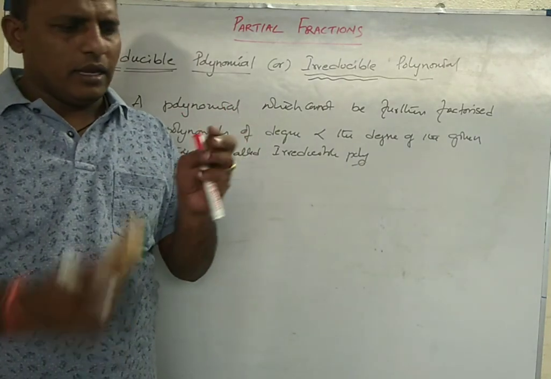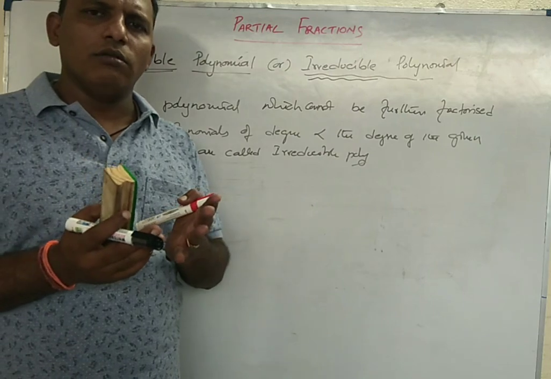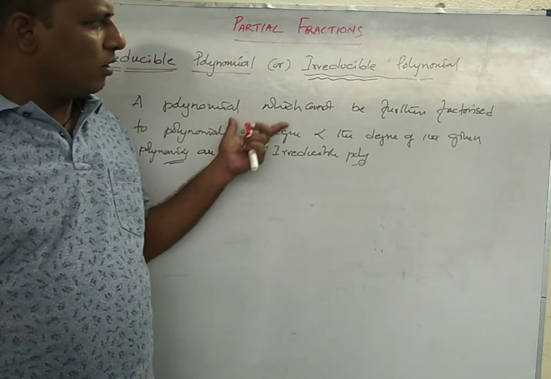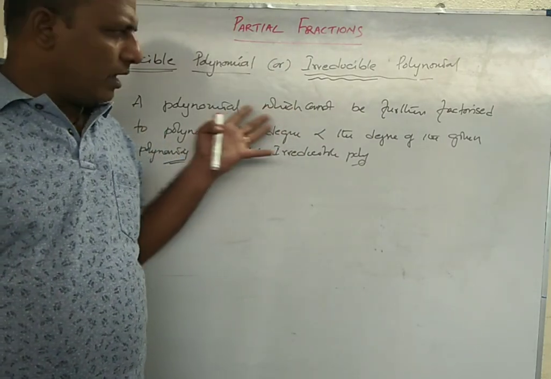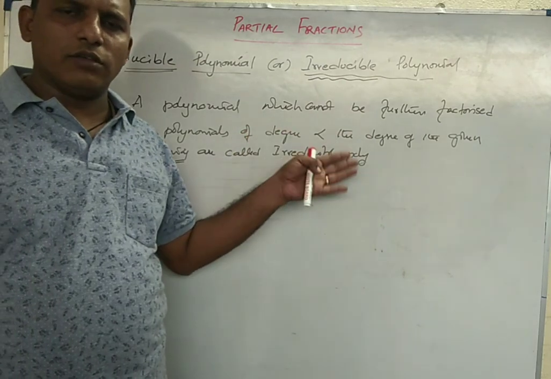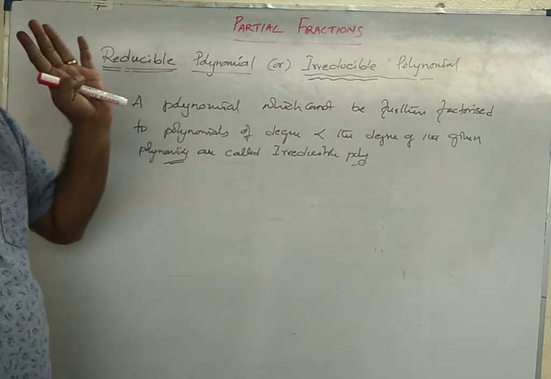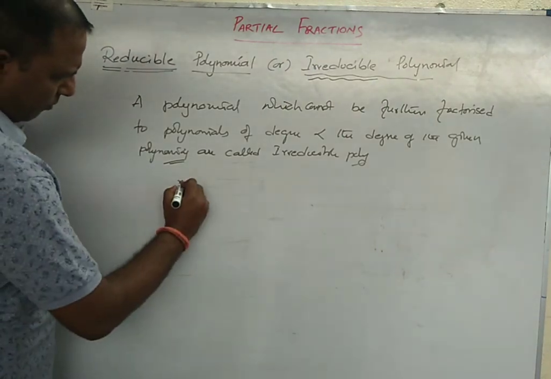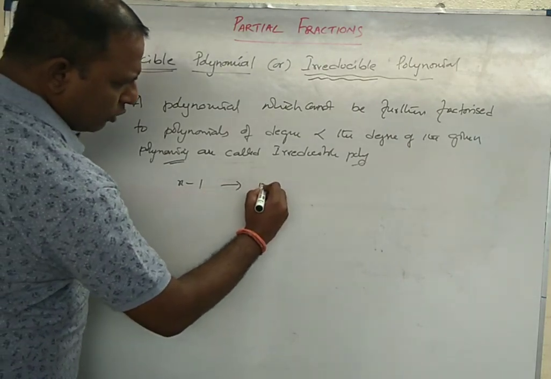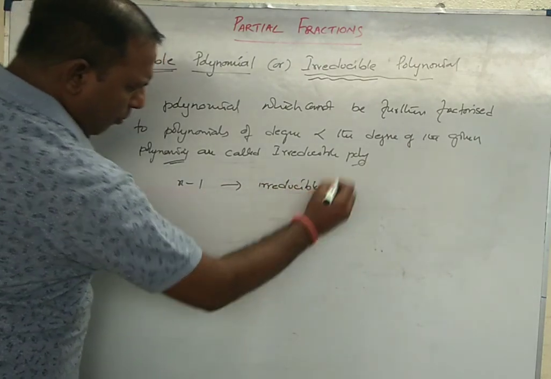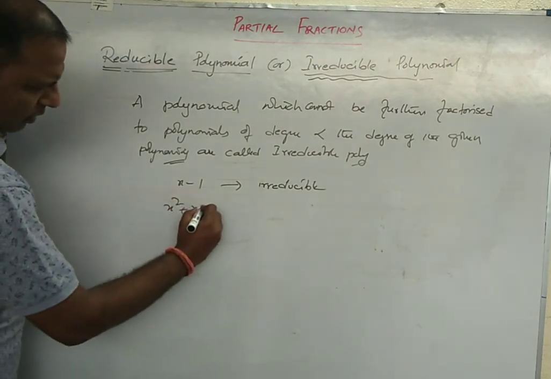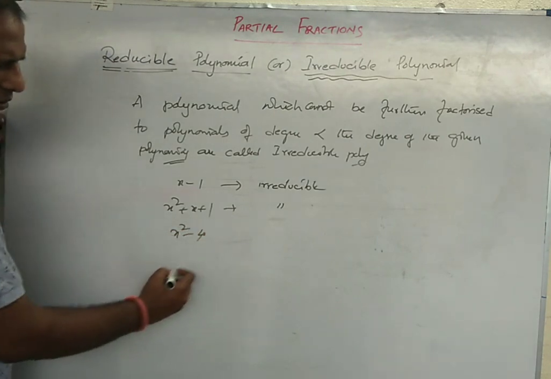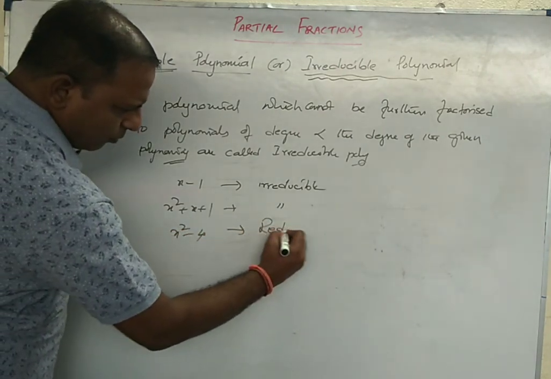If a polynomial is given and it cannot be further factorized into polynomials of degree less than the given polynomial, then the polynomial is called irreducible. Already I have given an example: x squared minus 1 can be written as x minus 1 into x plus 1, so they are reducible polynomials. x minus 1 is an irreducible polynomial. x squared plus x plus 1 is also an irreducible polynomial. x squared minus 4 is a reducible polynomial.